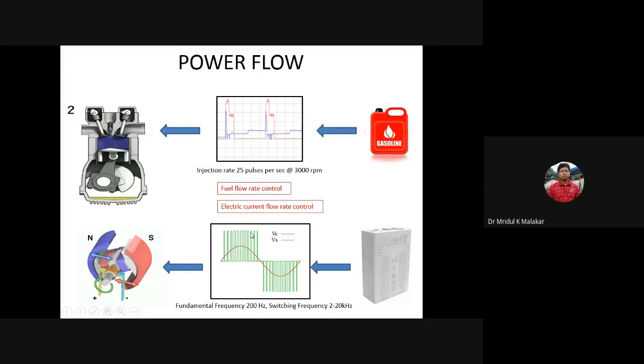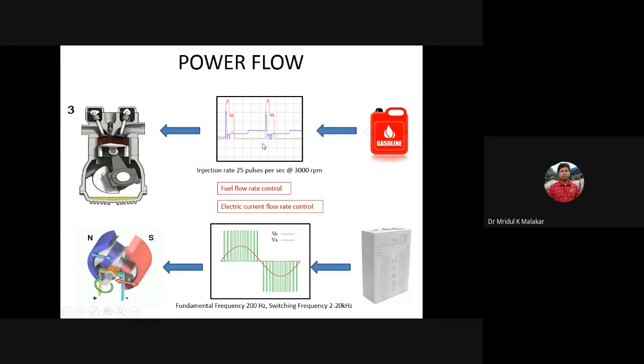If I change the current magnitude or the phasor angle, and if it is a DC motor, the torque is directly proportional to the current. So if we change the current, my torque will also increase. Same way here, if I control the fuel rate, I can control the vehicle speed or torque. Suppose it's the first gear, the speed is reduced and I can achieve maximum torque. Like this, here also we can emulate the system.